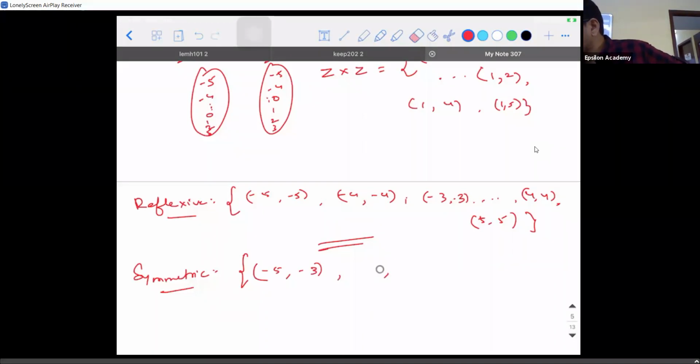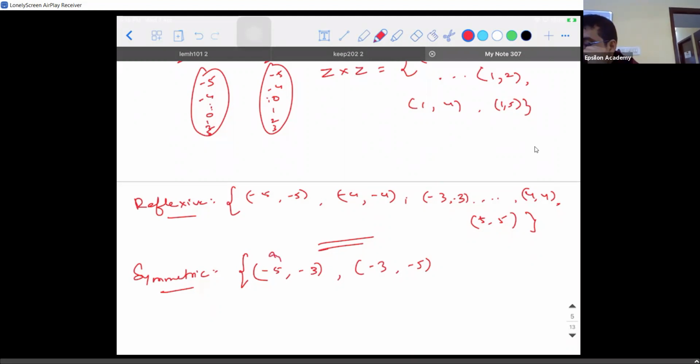If I take (minus 5, minus 3), yes, it is divisible by 2. I am choosing an ordered pair. Will the other ordered pair also be there? Will (minus 3, minus 5) also belong to this set? Yes, because (minus 5, minus 3) gives me a remainder of 0, and similarly (minus 3, minus 5) also gives me a remainder of 0.